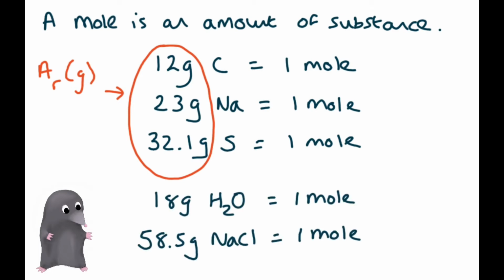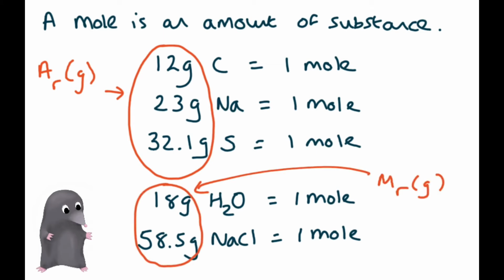And also, if you have 18 grams of water, that equals 1 mole. 58.5 grams of sodium chloride equals 1 mole. And that's the relative molecular mass, or the relative formula mass in grams equals 1 mole. And just to recall how to work out the relative molecular mass of water, you add up the relative atomic masses.